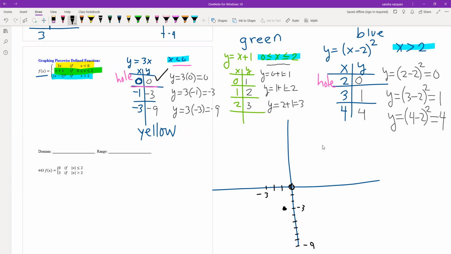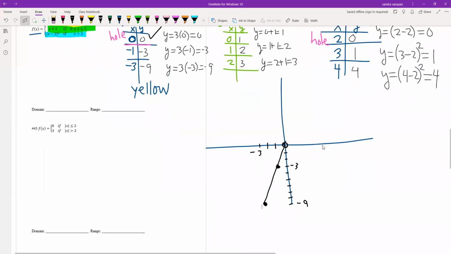I'm gonna label it -9, so it's like about here. And we are going to connect them. And because this one says that x is less than, then I know that I have an arrow that goes like this over here.